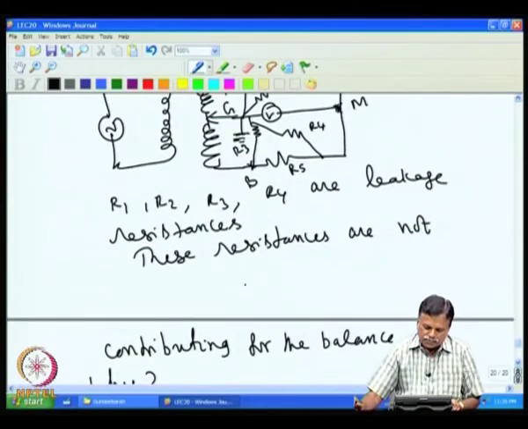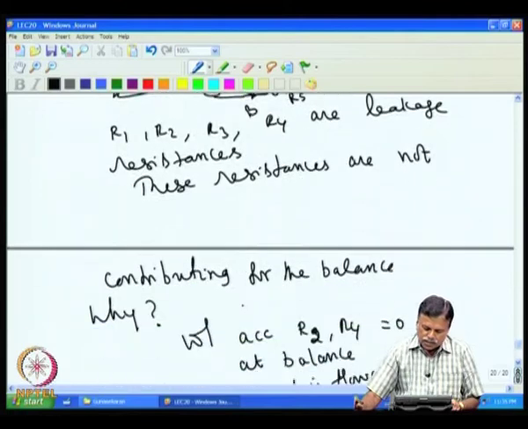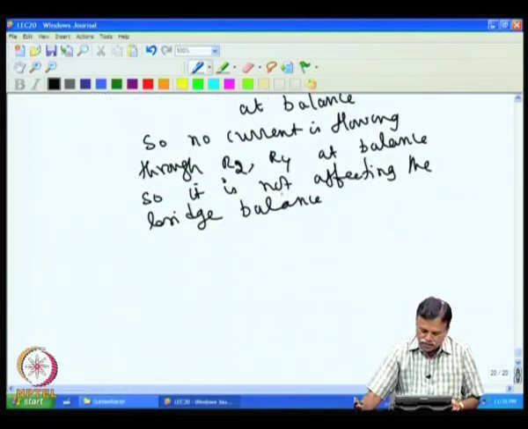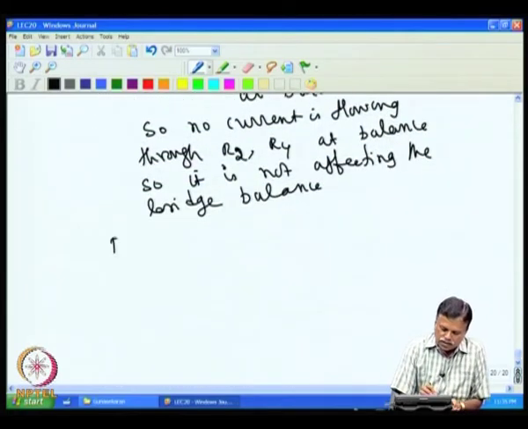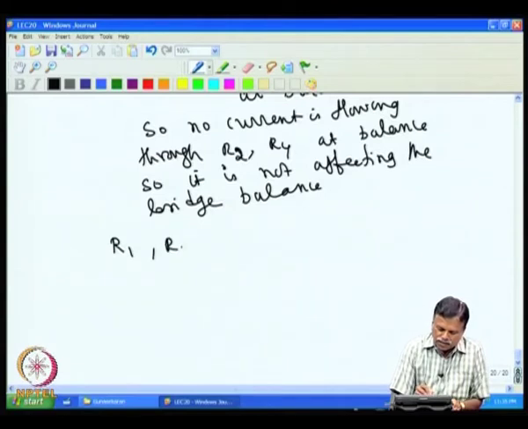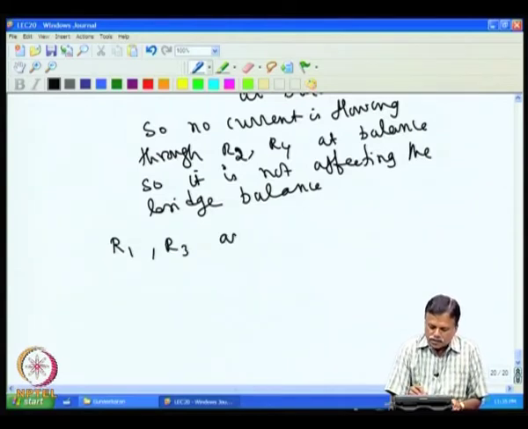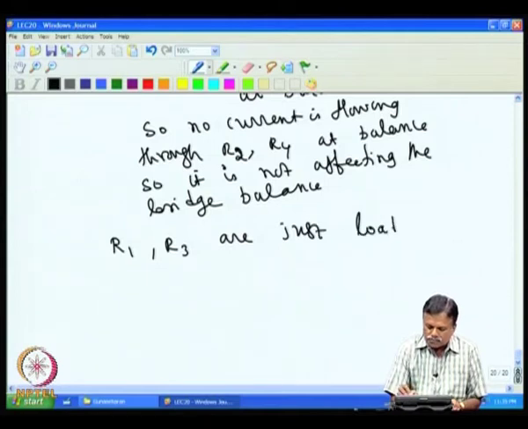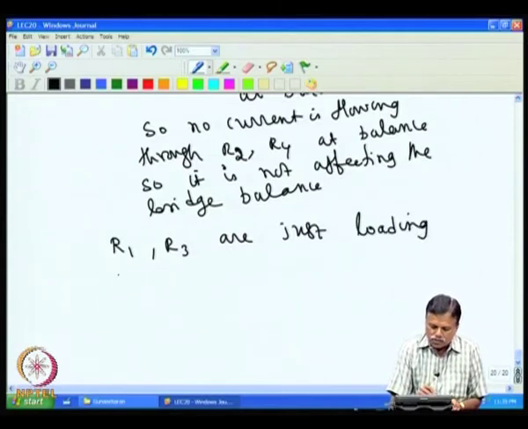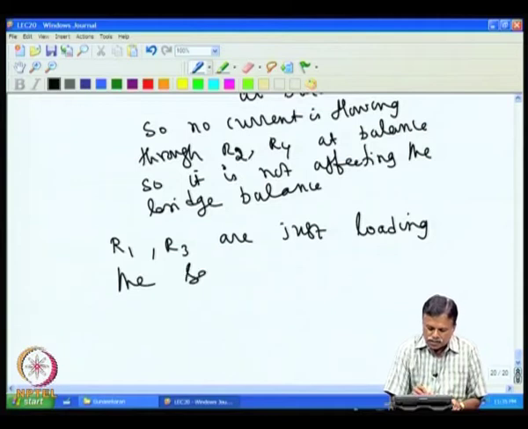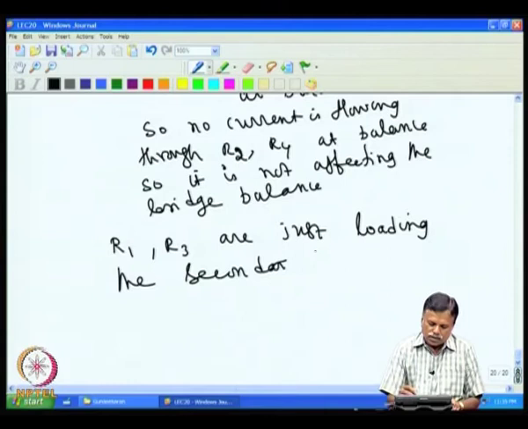Similarly, R1 comma R3 are just loading the secondary of the transformer.